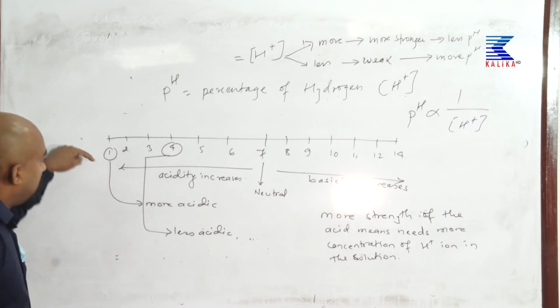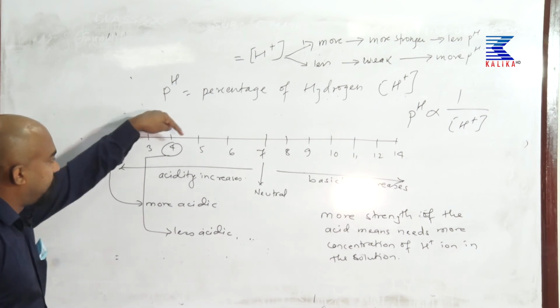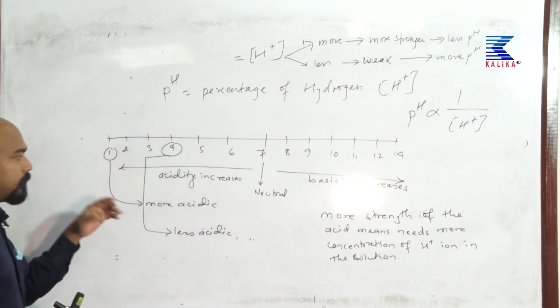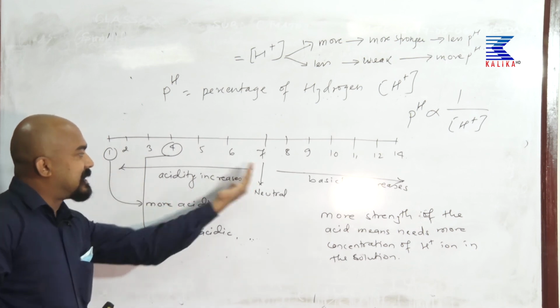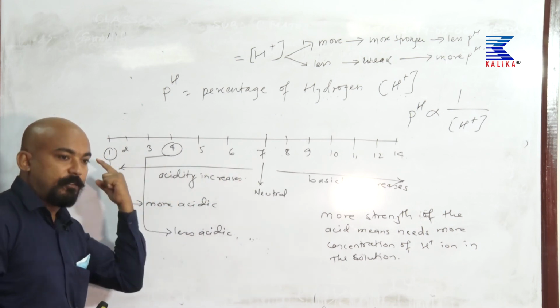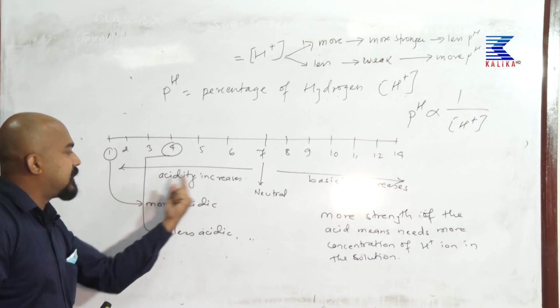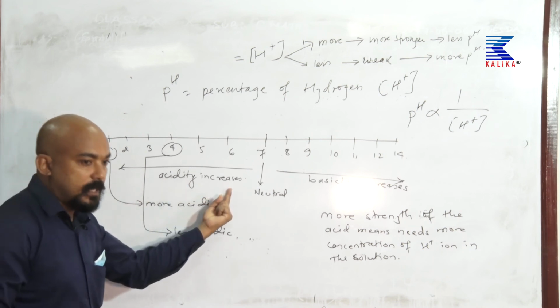that is 1, 2, 3, 4, 5, 6, 7. Descending from 7 to 1, the acidity nature of the acid increases.